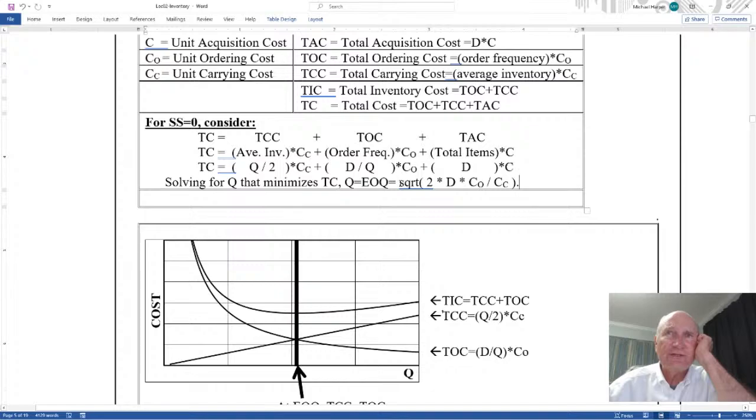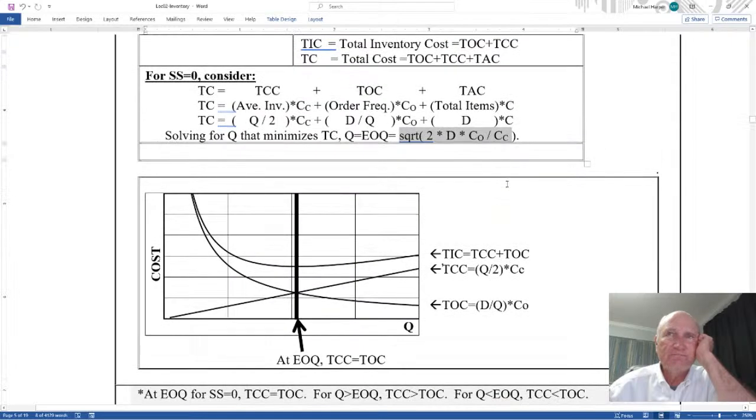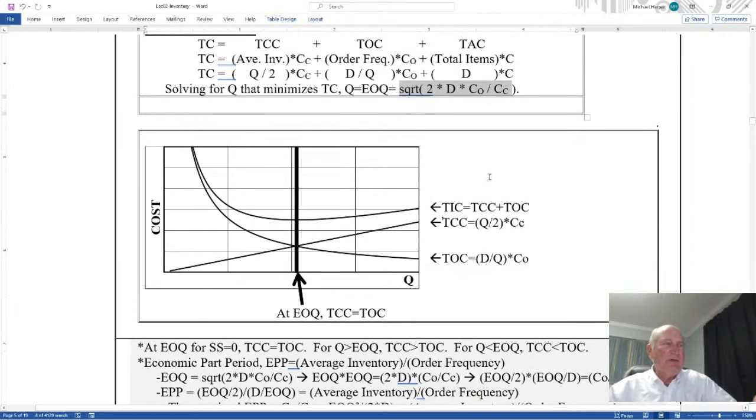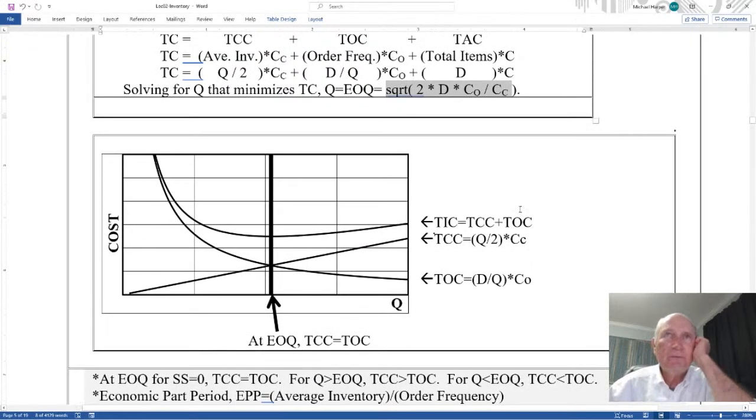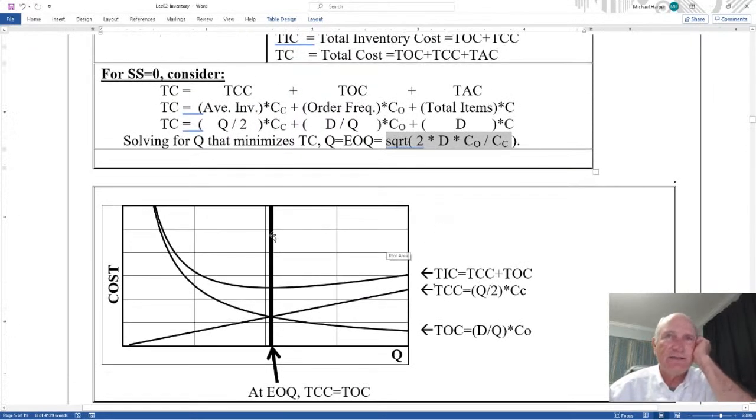So notice this: it's the square root of 2 times my demand times my unit ordering cost over unit carrying cost. Now let me graphically represent this to give you the concept.